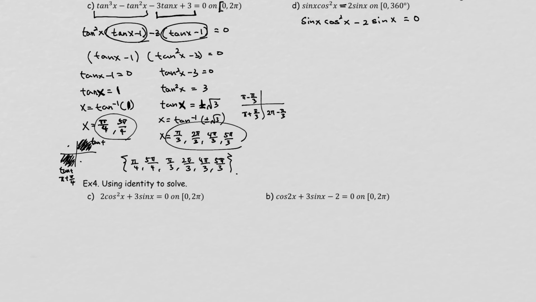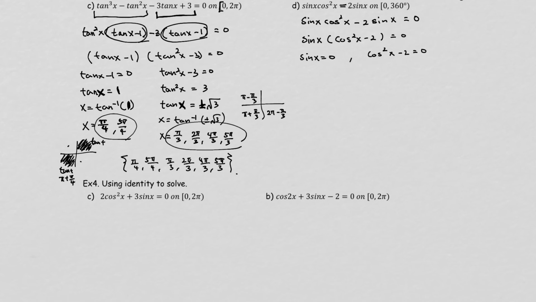And then you see that you have a common factor, sine. So when you factor sine x, you get cosine square x minus 2 remains. Let each factor equal 0. You get sine x equals 0 and cosine square x minus 2 equals 0.